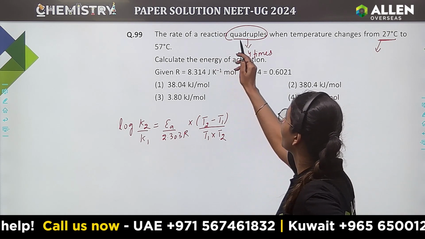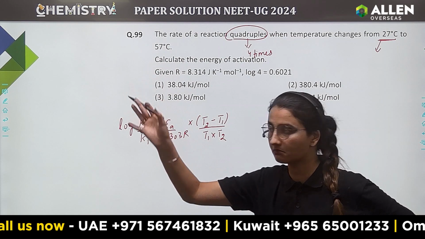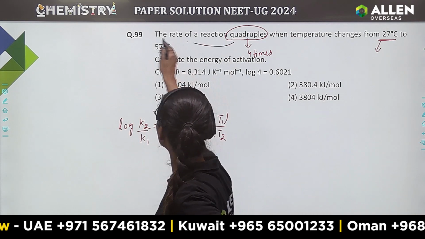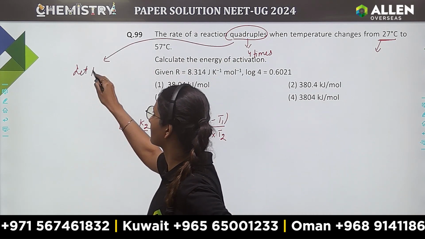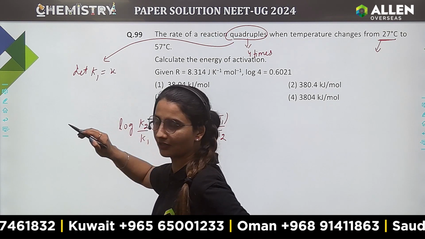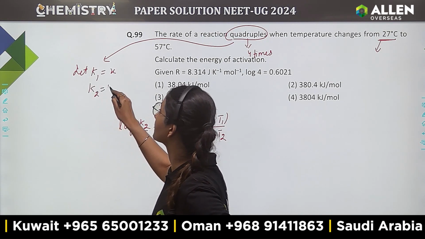They are saying the reaction rate is becoming 4 times. So if the initial K1 is X, your K2 will be 4 times, 4X.